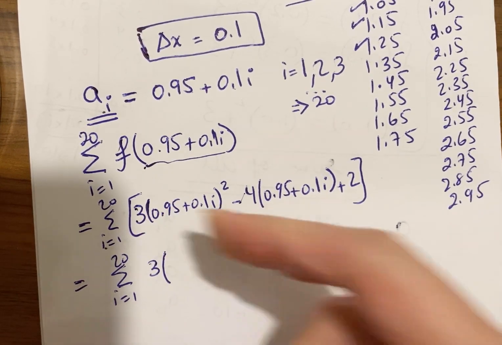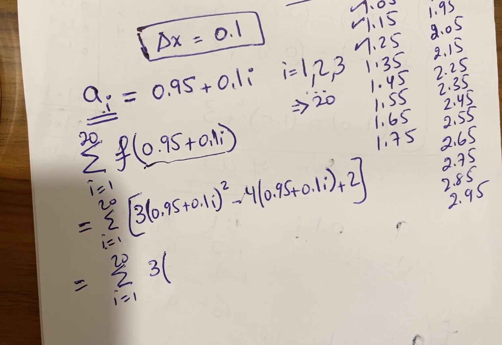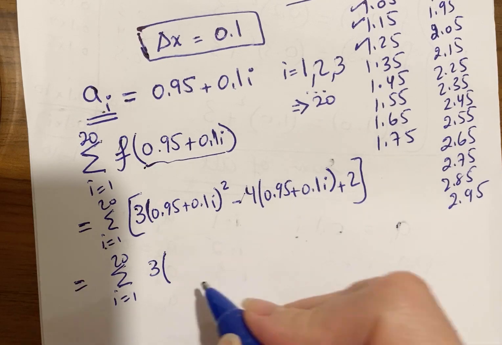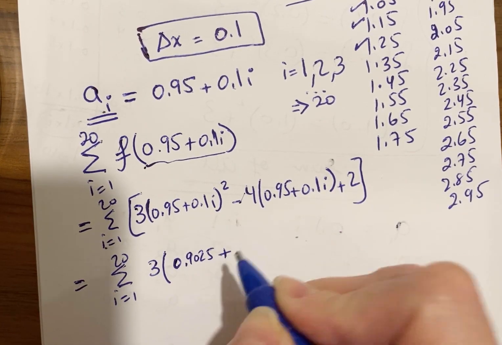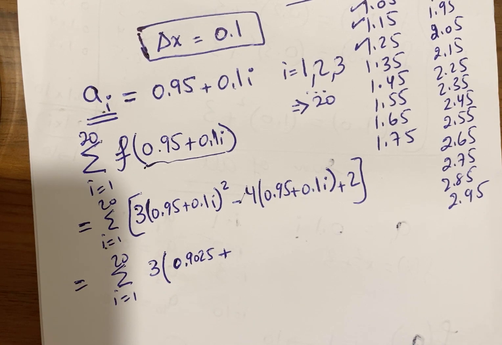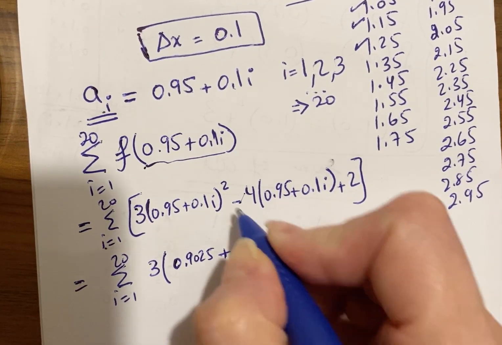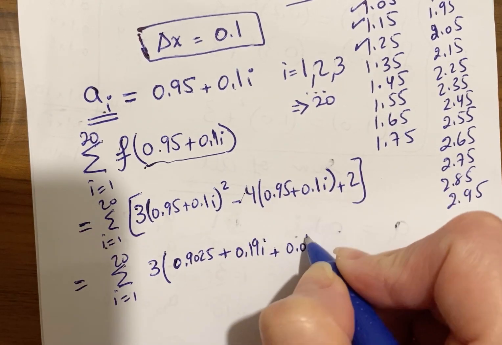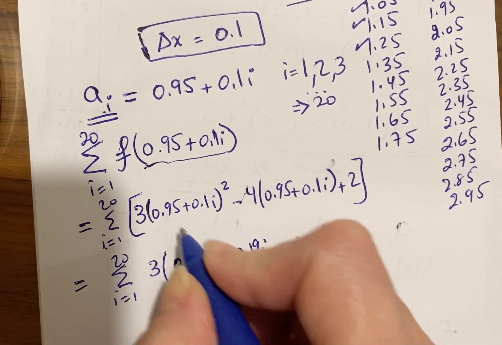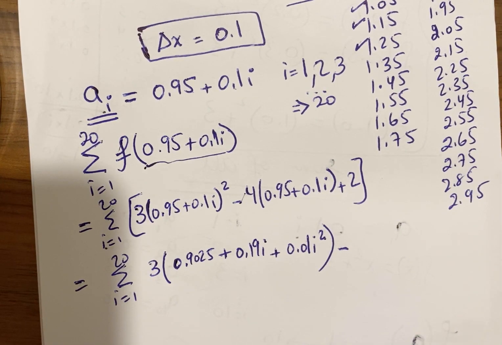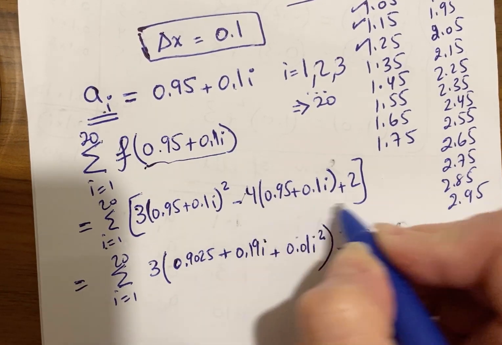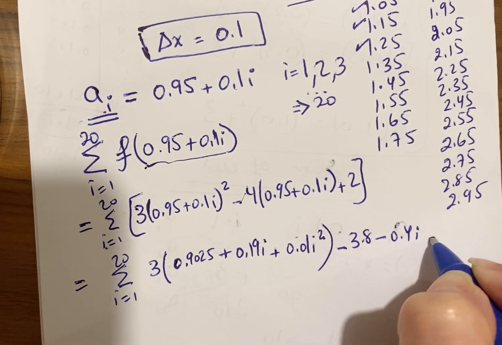I get 3 times 0.95 squared, which is equal to 0.9025, plus 2 times 0.95 times 0.1, you get 0.19i, plus 0.1 squared i squared, minus 4 times 0.95 is 3.8, minus 4 times 0.1, 0.4i, plus 2.